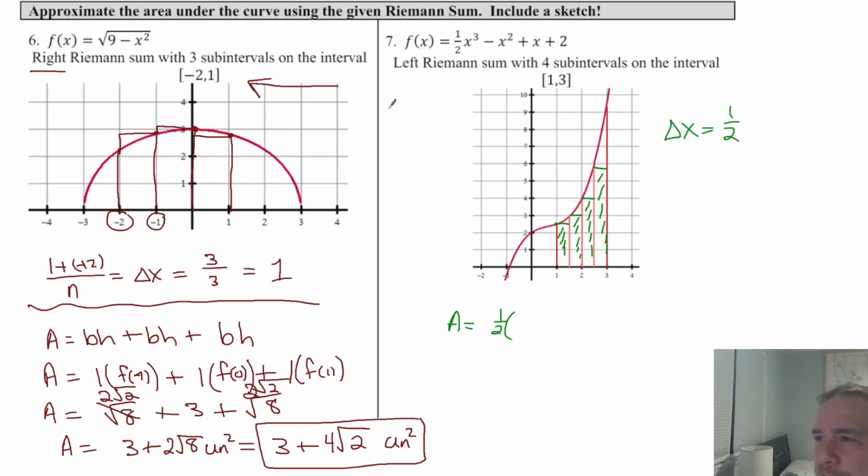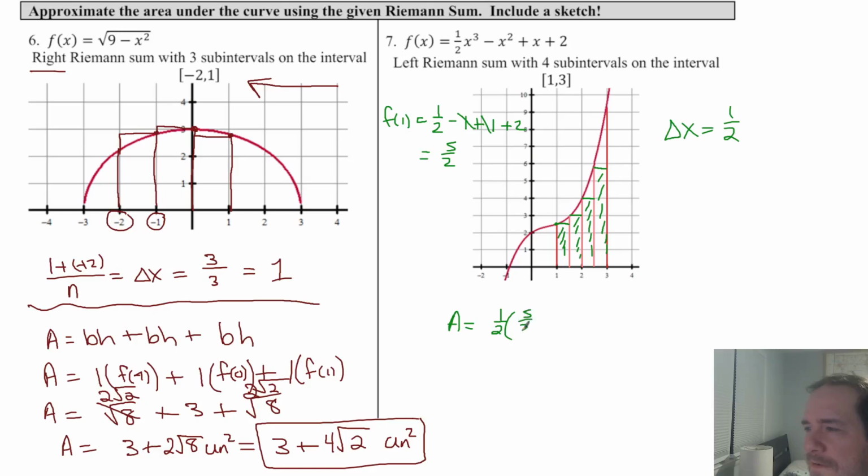And so if I evaluate this function at 1, then I'm getting 1/2 times 1 minus 1 plus 1 plus 2. So -1, +1 cancel out. And you get 2 plus an extra 1/2. So that's 5/2. And that's at 1. So that's my first height.